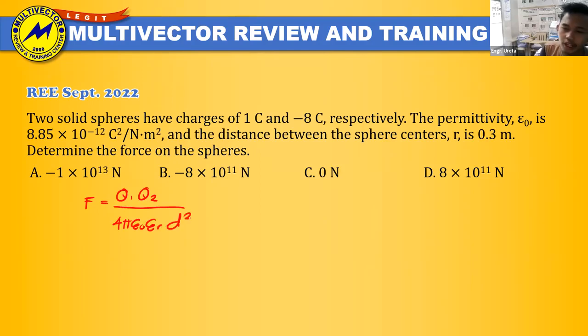Take note, what is the unit of our force? It's in Newton, therefore our system here is the MKS system. Since it's in Newton, our Q should be in coulomb. Our epsilon sub 0 is also in MKS, meter kilogram system, which is 8.85 times 10 raised to negative 12.